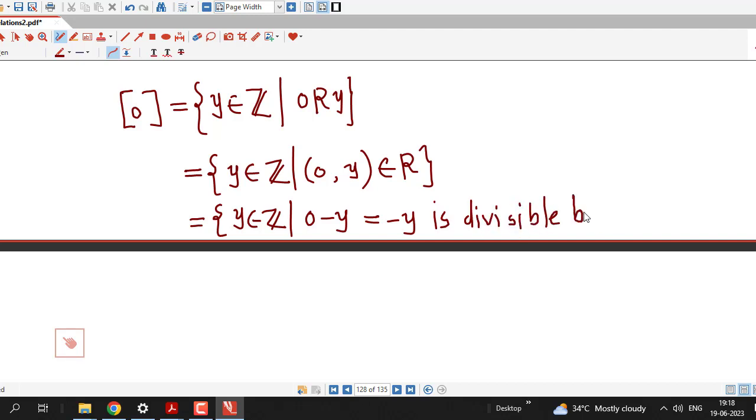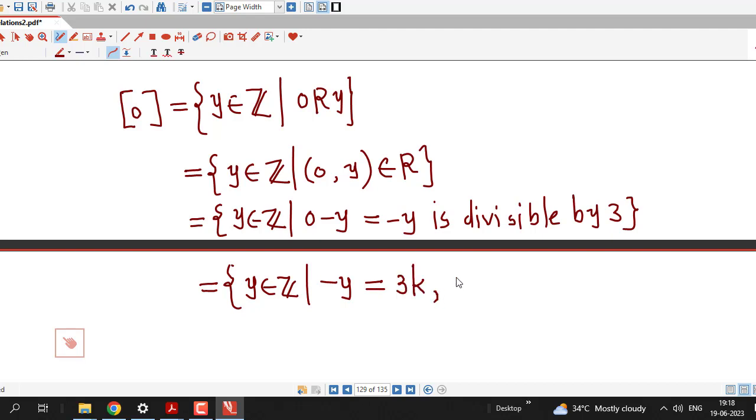And if some integer is divisible by 3, we can write it as a multiple of 3. Therefore I can write minus y equal to k into 3, or 3 into k, for some integer k.